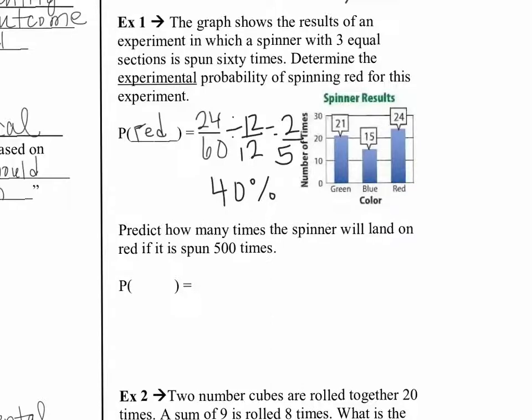To predict how many times a spinner will land on red if it is spun 500 times, the prediction is where we set up a proportion. You want to know how many times you landed on red.